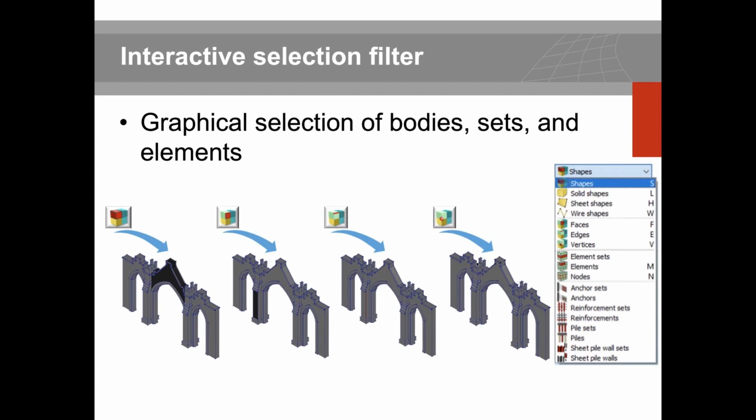You can directly select them based on the selection filter. So you can see that the selection filter offers quite a range of options, and based on your choice, you will be able to select a specific entity. So if your selector is set to shapes, you will be able to select shapes. But for instance, if your selection is based on edges, you will only be able to select edge type entities.